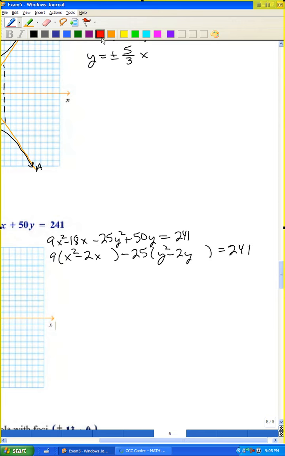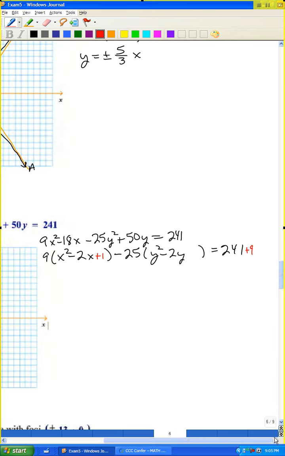Since there's a 1 in front of the x squared, negative 2 divided by 2 is a negative 1. Squared is 1. So let's add 1. Times 9 is 9. Negative 2 divided by 2 is a negative 1. Squared is 1. Times negative 25 is negative 25. And so I have here 9 times x minus 1 squared minus 25 times y minus 1 squared equals 225.